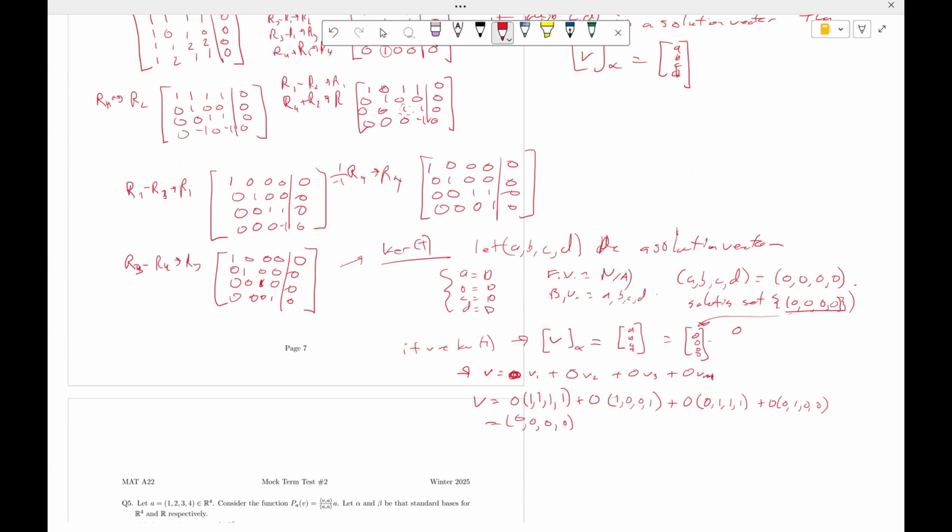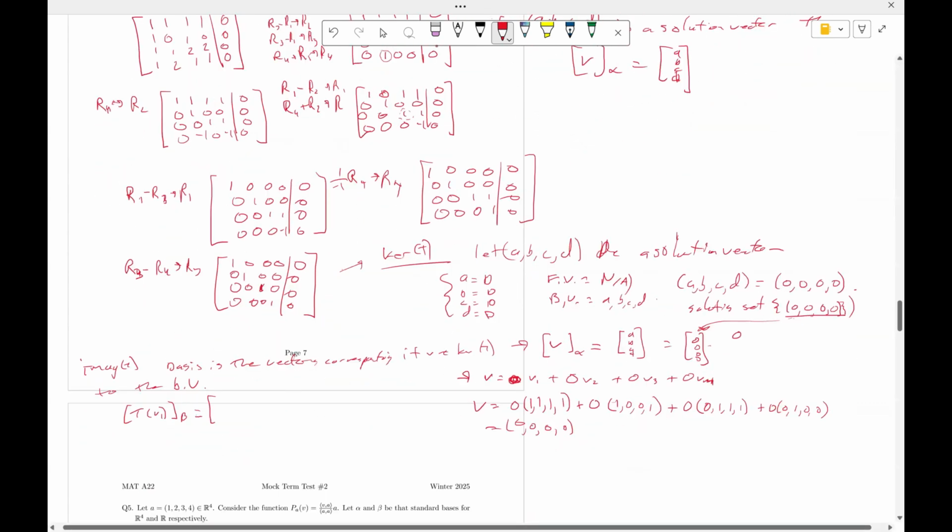Well, if we look at this and we look at our image, our free variables, if we look at the image of T, the basis is the vectors corresponding to the basic variables. Okay. Well, we know that TV1 of beta equals 1, 1, 1, 1.